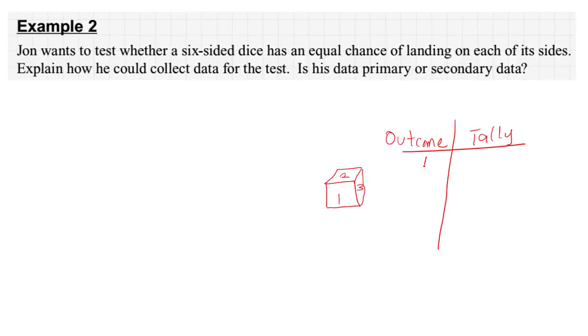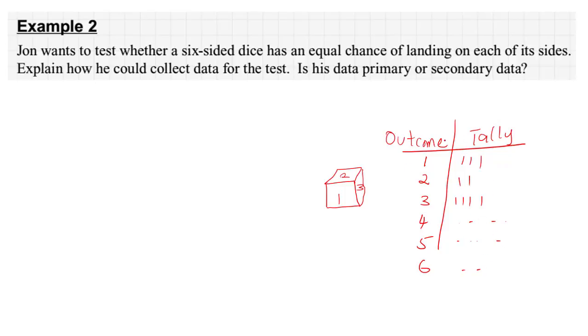The outcome is that this thing could land on a 1, on a 2, on a 3, on a 4, on a 5, or on a 6. So he can keep throwing this and just keep tallying. So for example, it lands on a 1 maybe 3 times, on a 2 it lands twice, on a 3 maybe 4 times, and so on.